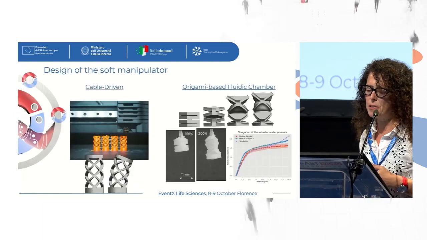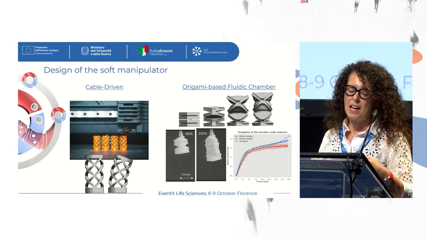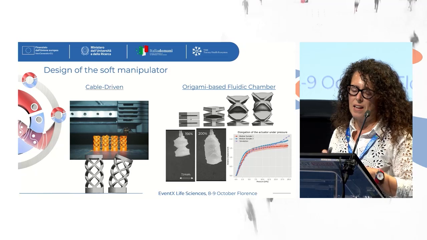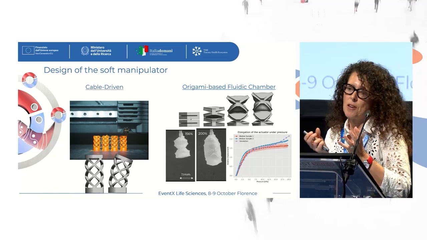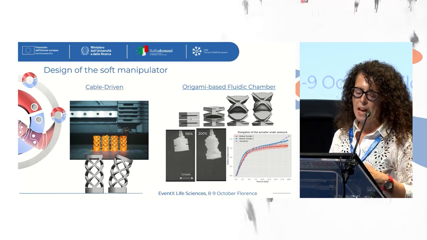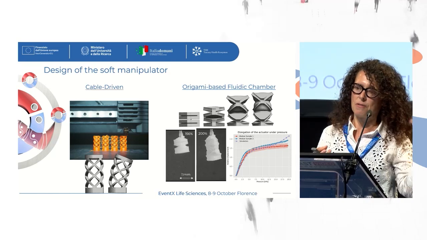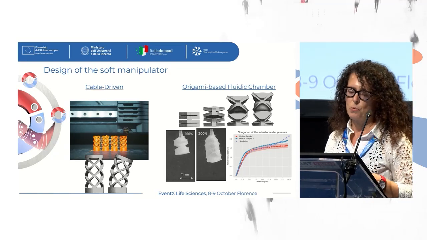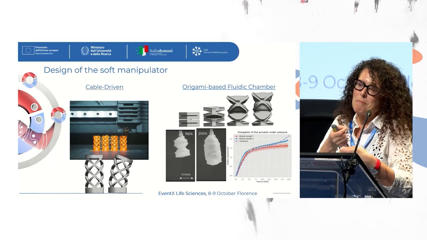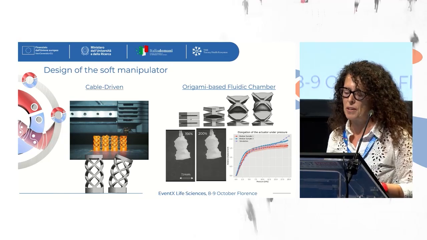And the third part is the arm. The arm is again a sort of origami structure in order to reduce the weight and to improve the flexibility. For the actuation, it can be cable-driven, as you have seen in the previous movies, where thanks to the magnetic pulley, we can make the cables shorter or longer.